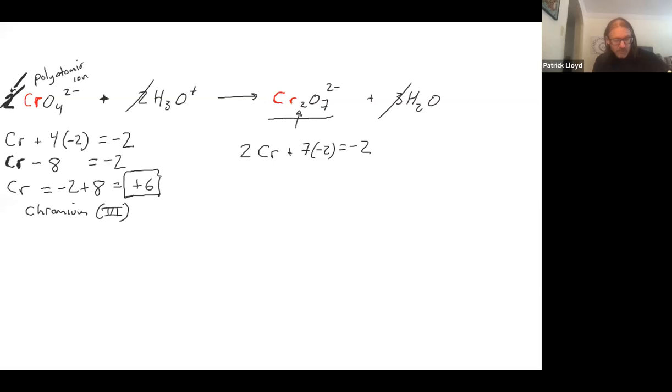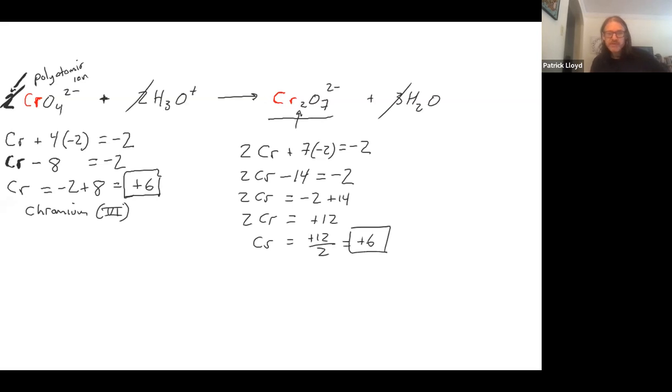So now, what is that? 2Cr minus 14 equals -2. 2Cr equals -2 plus 14. 2Cr equals plus 12. Cr equals plus 12 over 2, which is plus 6.